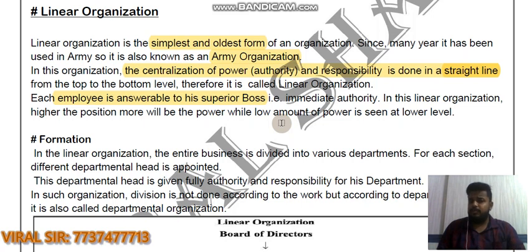It is the simplest and oldest form of organization structure, used in the army, so also known as army organization. Each employee has to report to his or her immediate superior. Clear? Now let us see how it is formed.